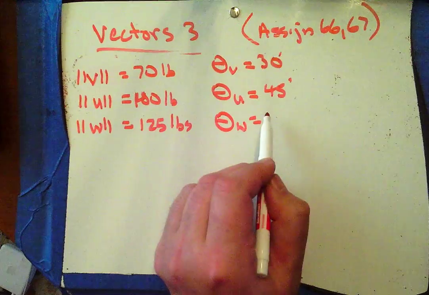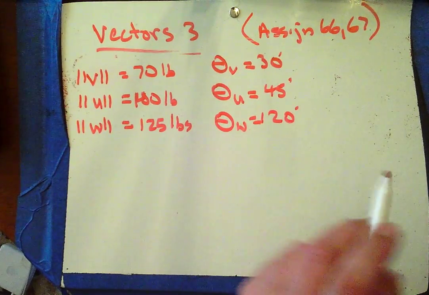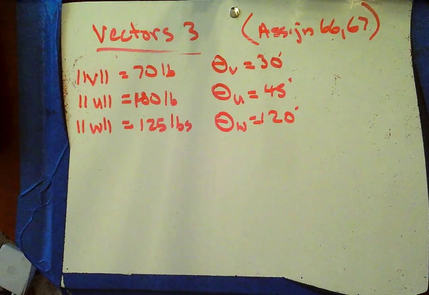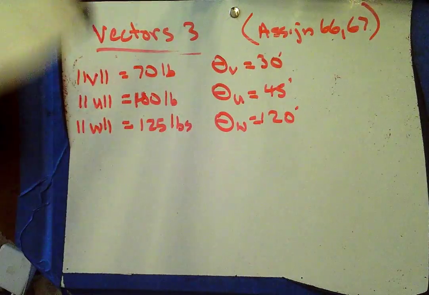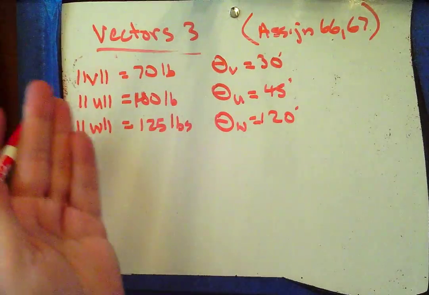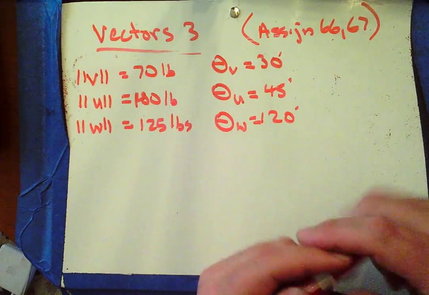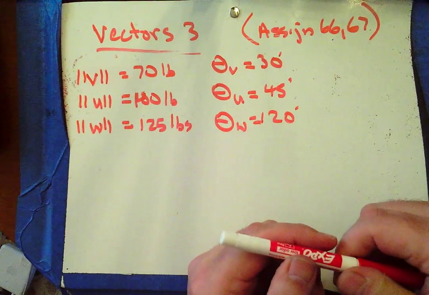Well, the thing about this is I can't use law of cosines directly because I've got 3 sides and the resultant vector would be some kind of strange 4th side, right?